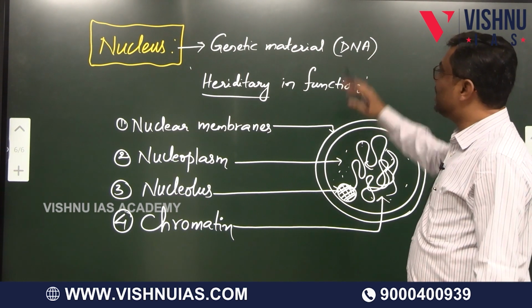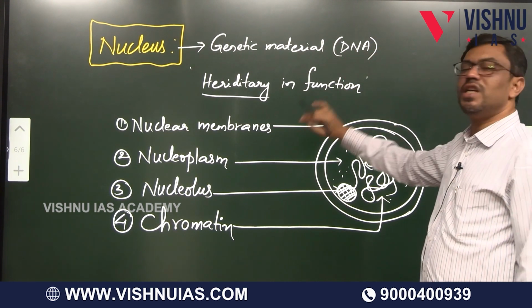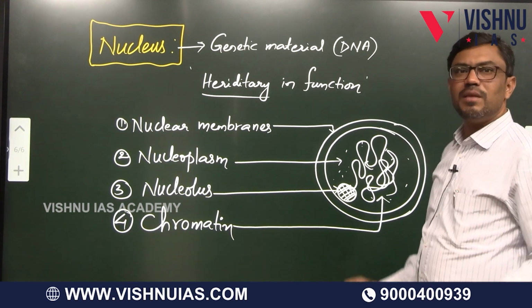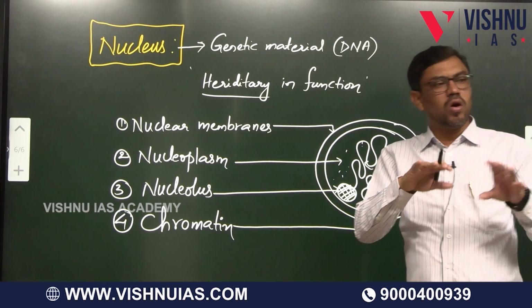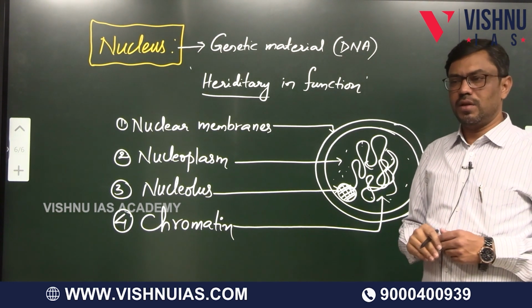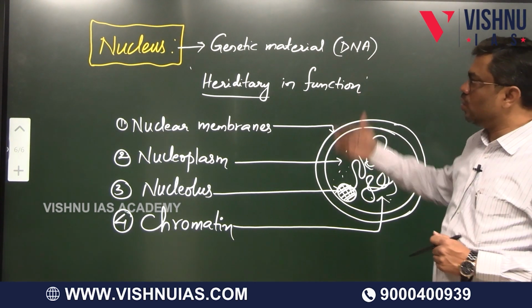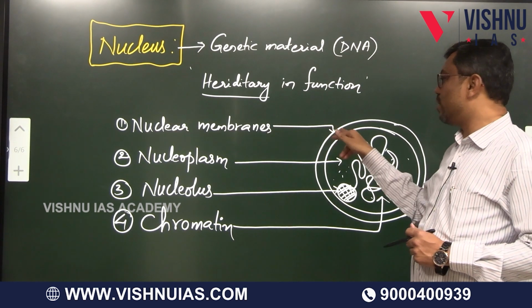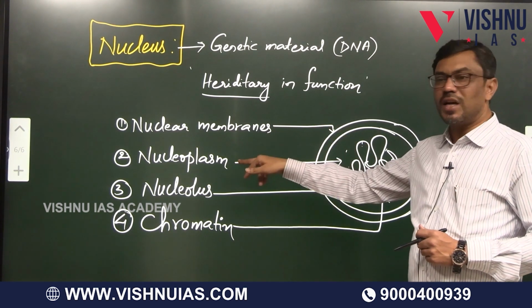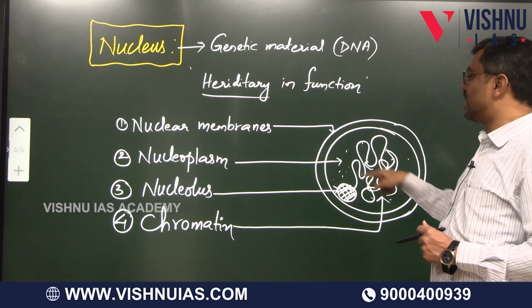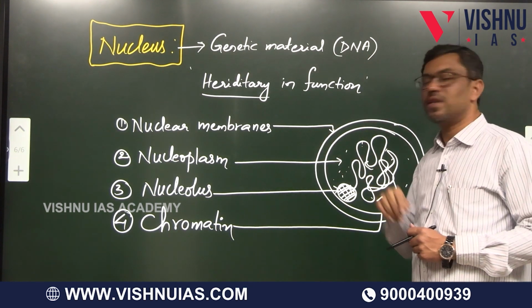So, the nucleus contains genetic material, that is DNA. So, it is hereditary in function. It is the main cell organelle. It controls all the activities of the cell, so it is called the master cell organelle. If you observe the structure of the nucleus, it contains nuclear membranes and nucleoplasm. The fluid matrix present inside the nucleus is called nucleoplasm.